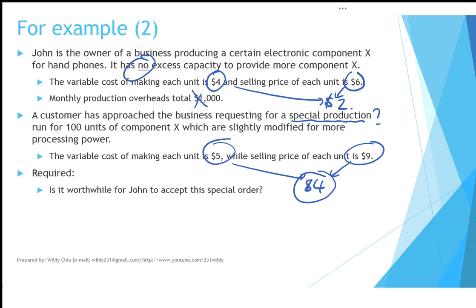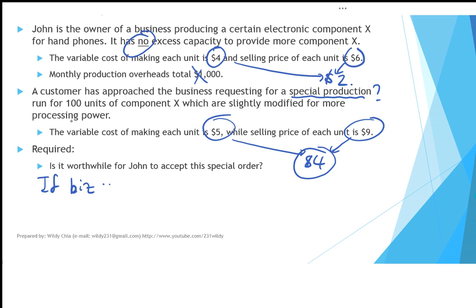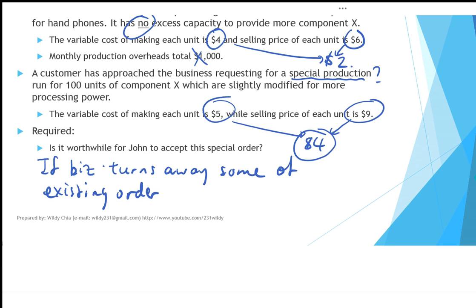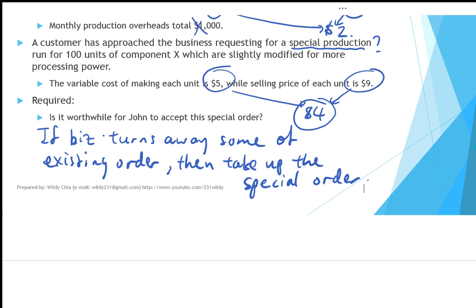Well, the business is only able to accept the special order only if the business turns away some of the existing orders, then takes up the special order. So this is the situation.